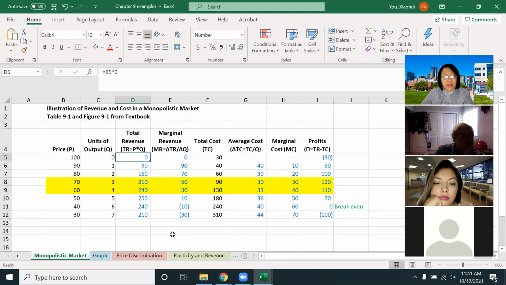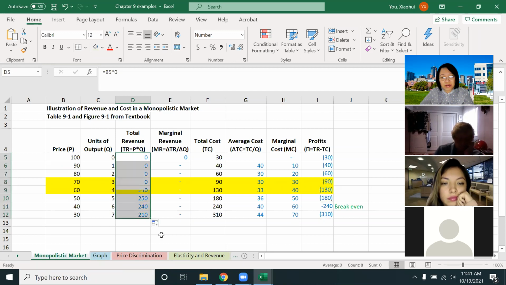If we do it this way, price times quantity, we do the calculation using Excel. How to do it? Choose the first cell after your calculation, and then move the cursor to here and drag it.